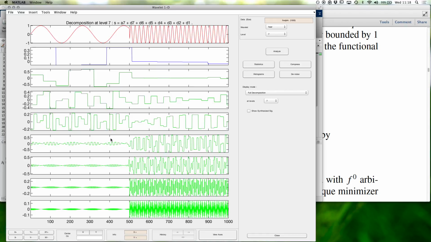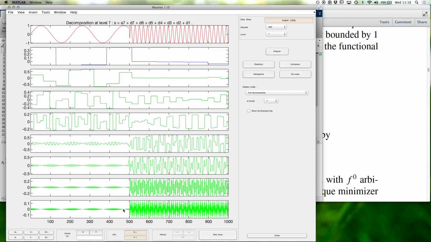Yes, so what we see here, the red curve equals the sum of all of these other signals. If we sum up all these 8 functions, we will get the original signal back. That's the first observation maybe. So it's really an orthonormal decomposition of our red function into completely independent orthogonal parts.